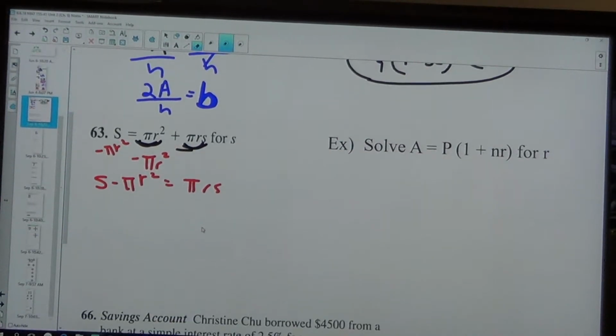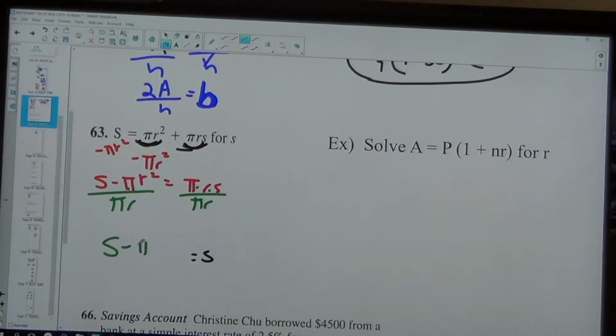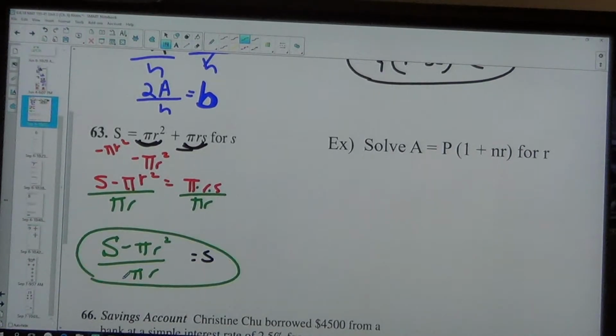Now, my goal is to get s by itself. So I'm trying to move the pi and the r. They're held together by multiplication, so how do I get rid of them? You divide. So it's going to be S minus pi r squared over pi r. Notice how this one is a capital S and the other one is a lowercase s.